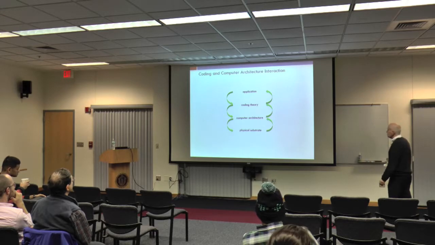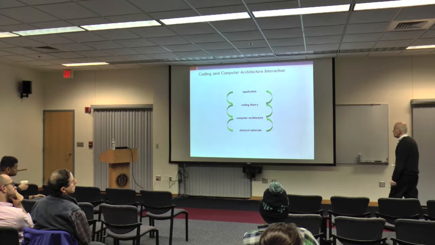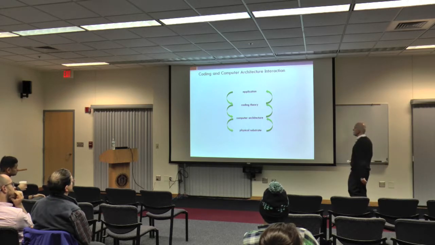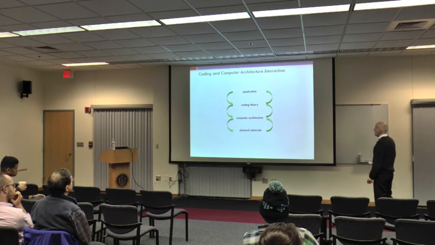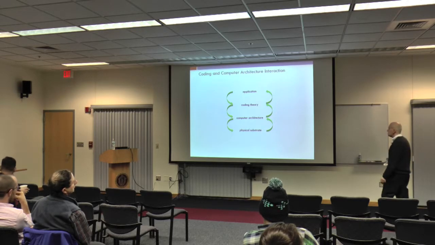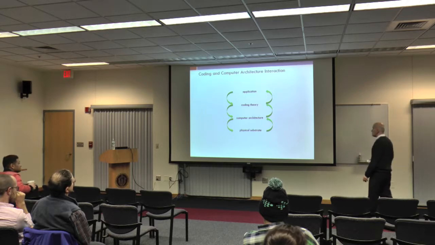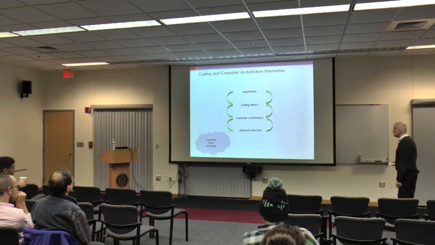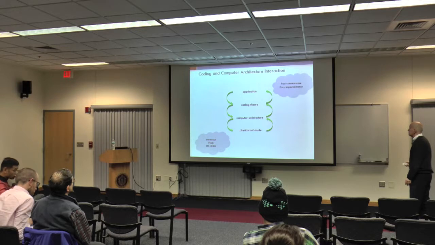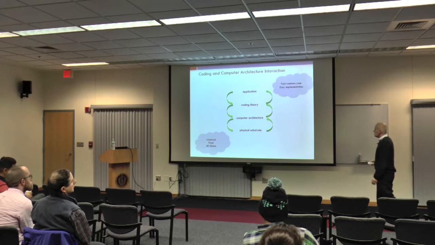And here, it's really interesting from my point of view because I get to do new things. I get to think about this tree and how properties that we want applications to have interact with coding theory and computer architecture and the physical substrate. One of the things that I've come to appreciate about computer architecture is that it does many things for coding theory.